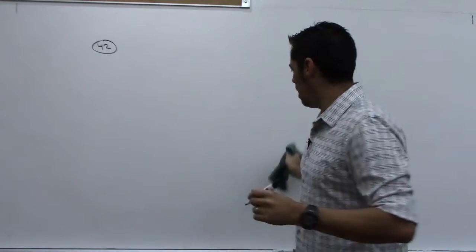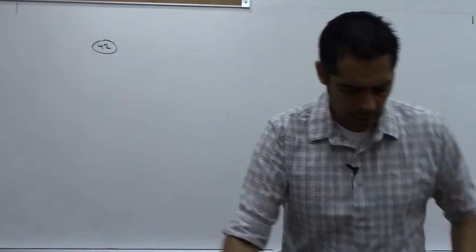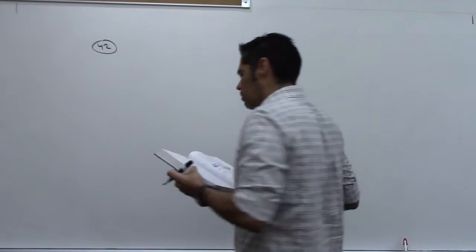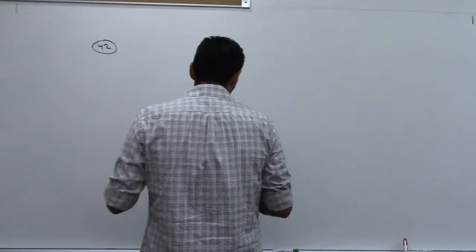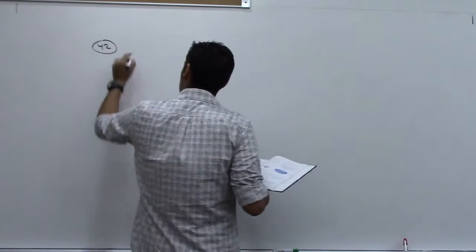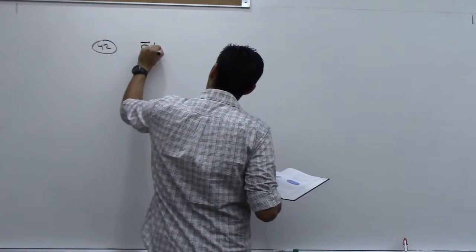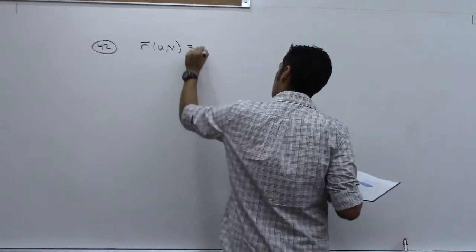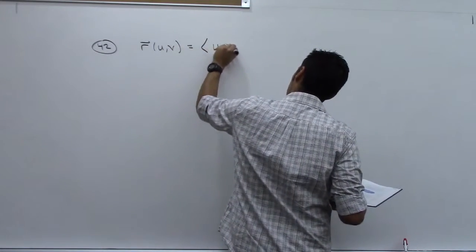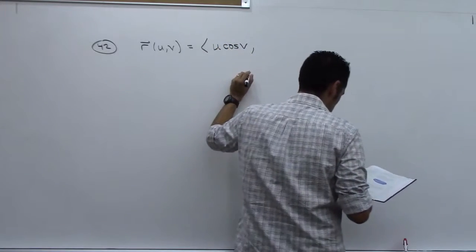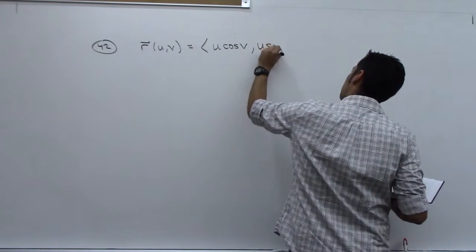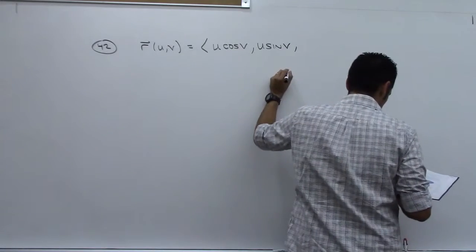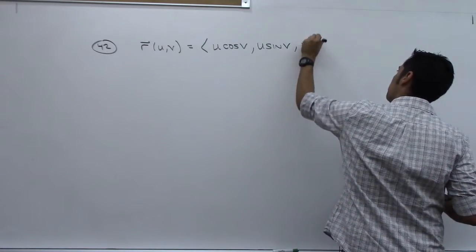And that's something like you have a helicoid, which is a spiral ramp. They have the vector equation of this spiral ramp as being u cosine v, u sine v, and v.